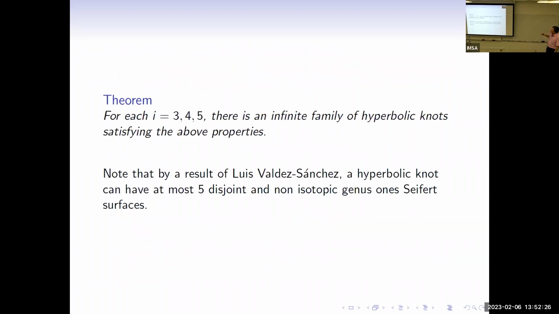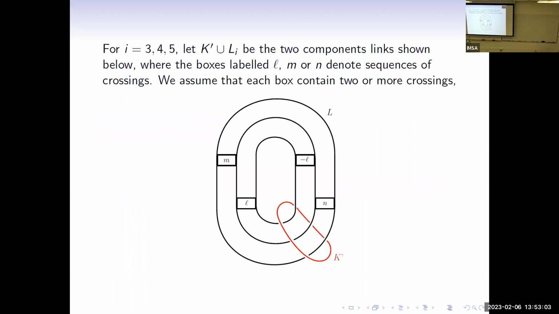And then first we show that for each i, 3, 4, 5, there is a family of hyperbolic knots satisfying this property. I just consider 3, 4, and 5 because by a result of Luis Valdez, a hyperbolic knot can have at most 5 disjoint and non-isotopic genus 1 surfaces. Then I construct these via double branched covers.